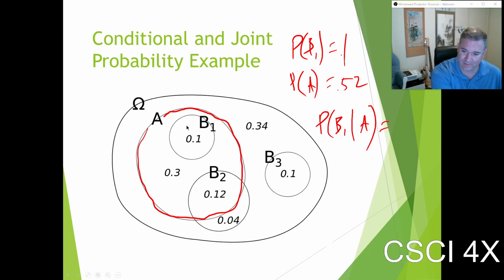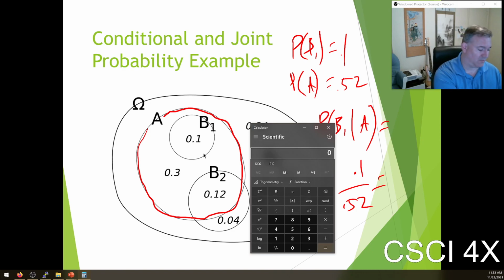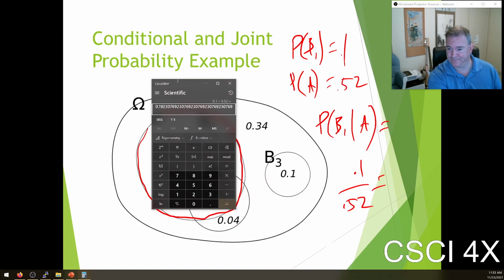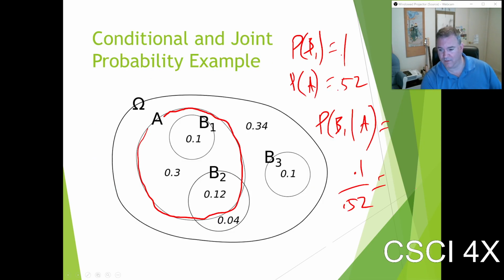The denominator is going to be 0.52. The numerator is going to be 0.1. So the odds of getting a B1, knowing that we got an A, is 0.1 divided by 0.52, which is 0.192. About 19%.